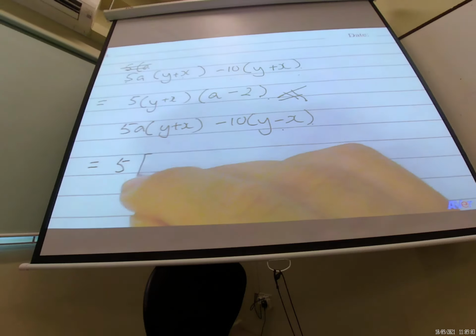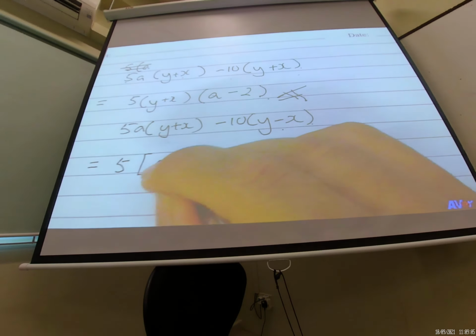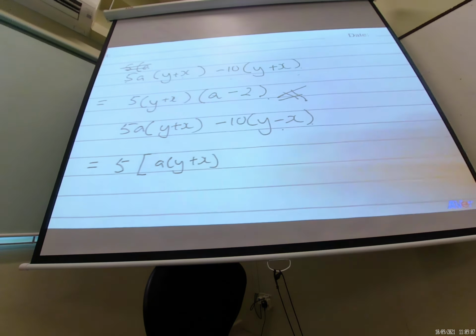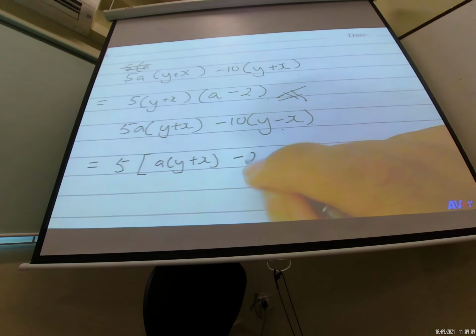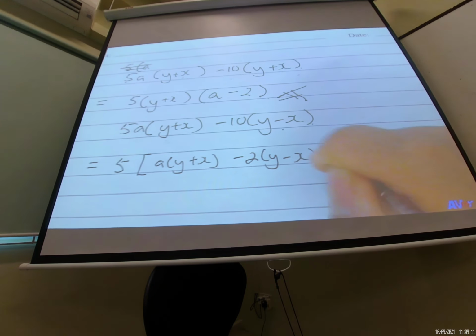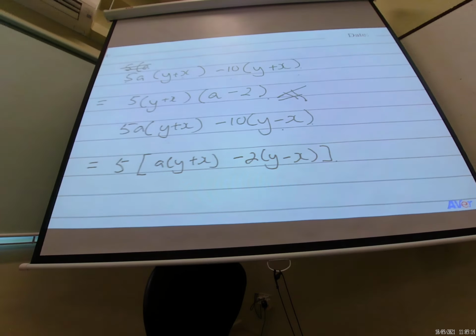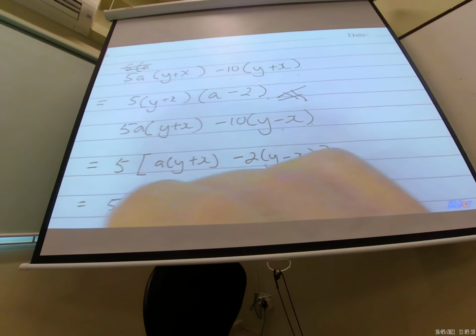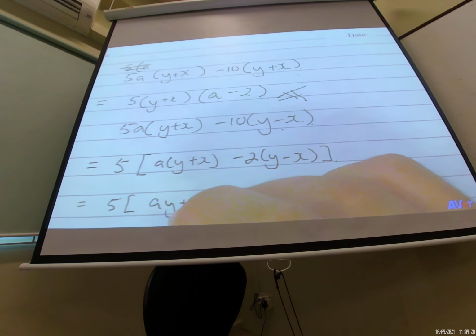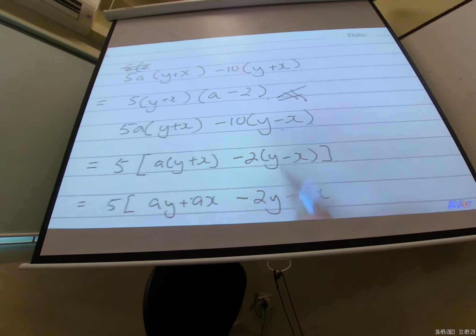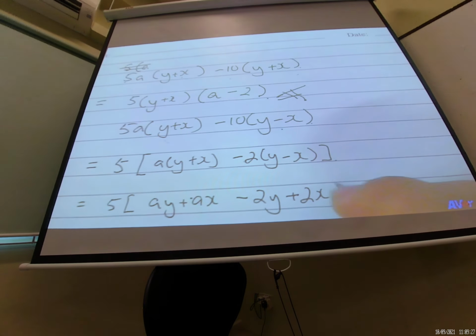Then what is left behind, the front will be a y plus x. The back will be -2 y minus x. You can further simplify it: ay plus ax minus 2y plus 2x. Negative becomes positive.